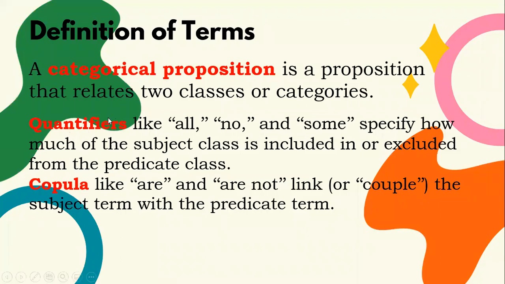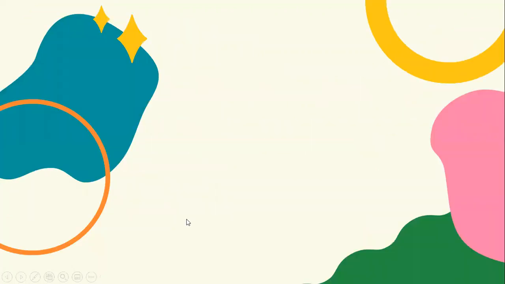The quantifiers are words like all, no, some, as in English. These words specify how much of the subject class is included in or excluded from the predicate class. For the copula, we use are or are not, which we call positive and negative.